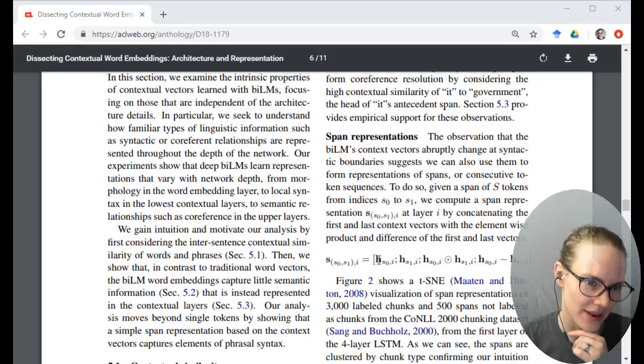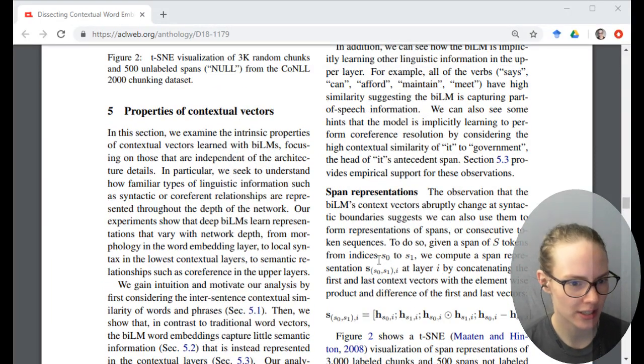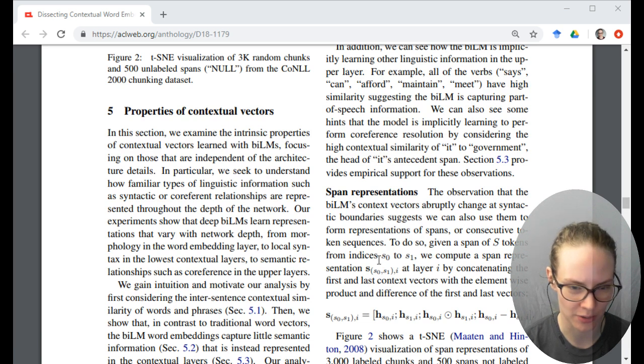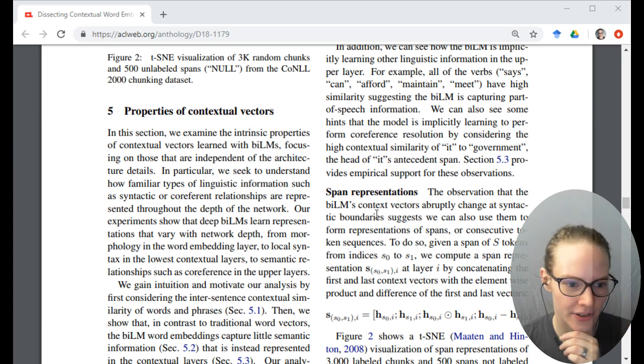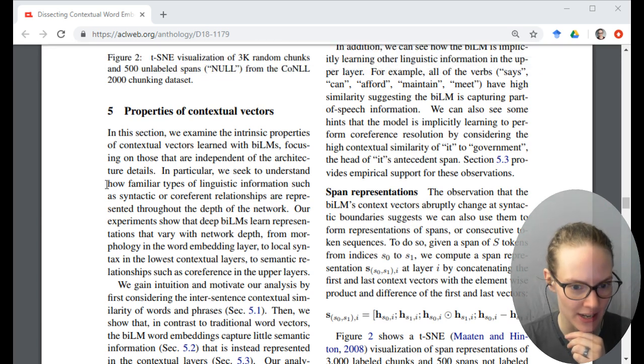Properties of contextual vectors. In this section, we examine the intrinsic properties of contextual vectors learned with BiLMs, bidirectional language models, focusing on those that are independent of the architecture details. Yeah, this is where we left off. Okay, I remember now. In particular, we seek to understand how familiar types of linguistic information, such as syntactic or co-referent relationships, are represented throughout the depth of the network.